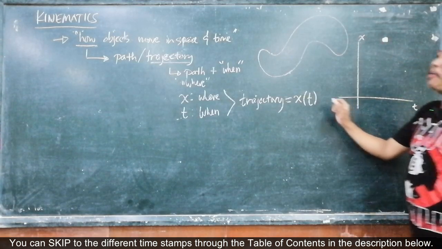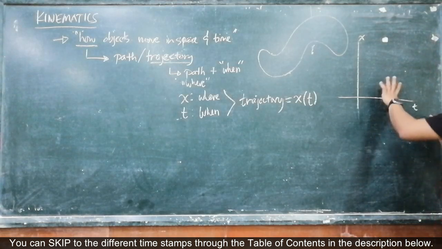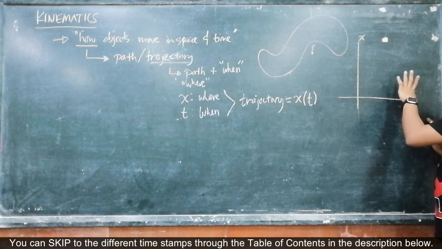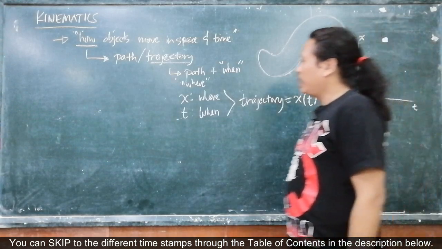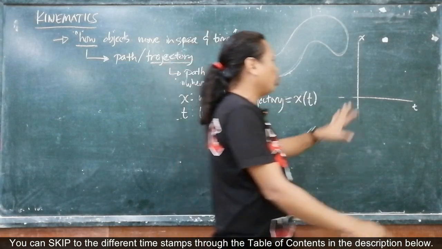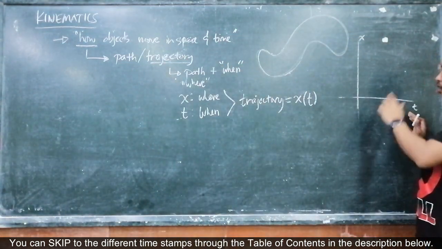Now, this is one-dimensional motion, so we have an x versus t axis, and the x versus t axis will tell us the where and when of the particle. This x of t is what we need to analyze in kinematics, because we can just extend this to two dimensions and three dimensions easily. It's the same.